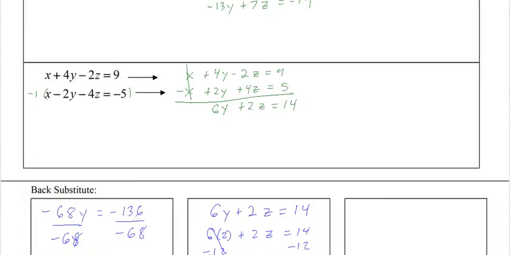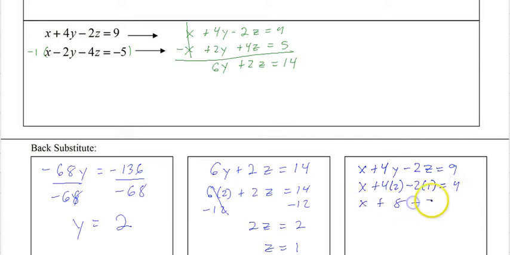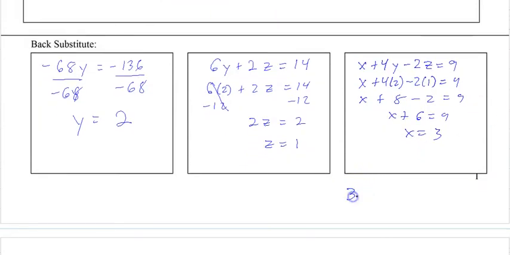X plus 4y, plug it all in. And there it is. So our answer is 3, 2, and 1. That's our x, y, z.